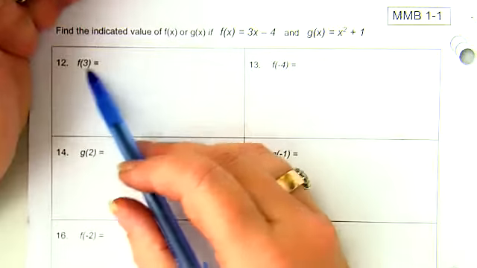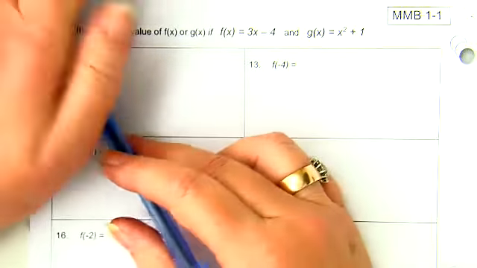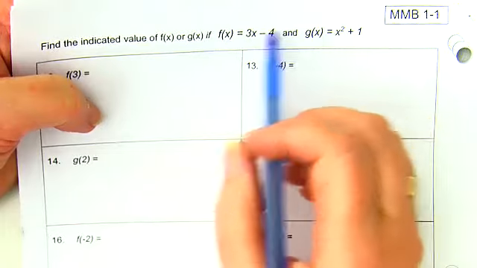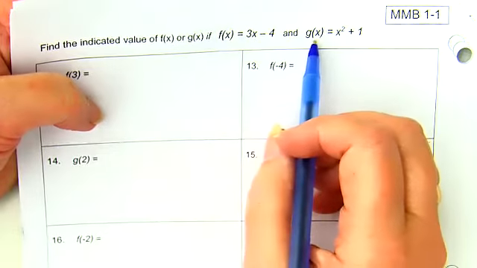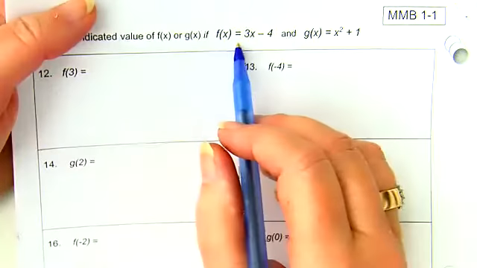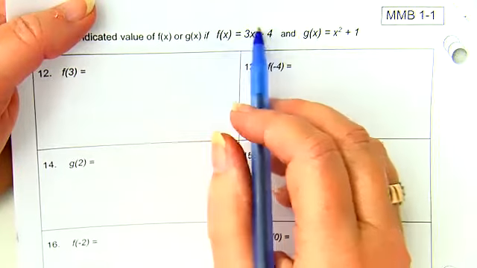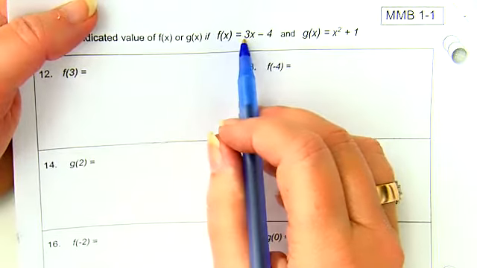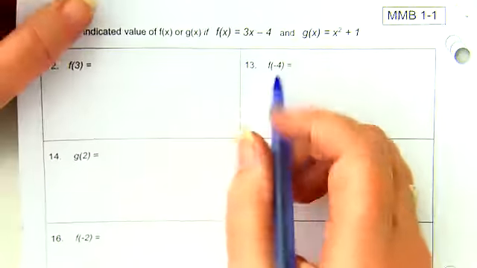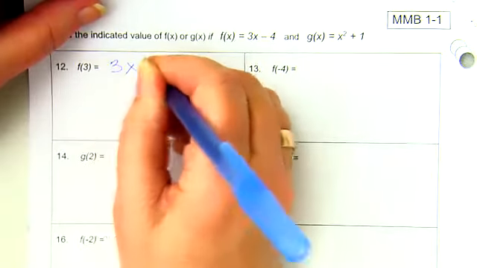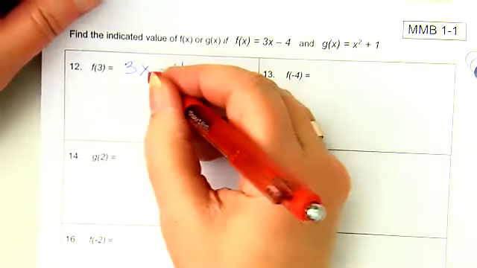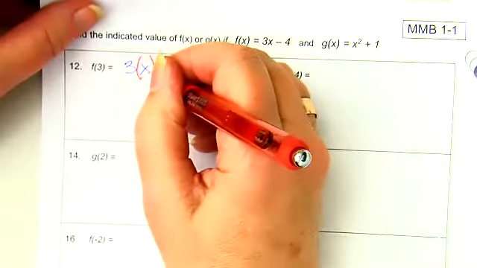This says f of 3, but notice that I've given you two different functions. This is an f function, and this function is called g. Because this one says f, I'm going to stick right here. So f says the function rule is multiply by 3 and subtract 4, or 3x minus 4. Sometimes what I like to do is go to the x and put parentheses.